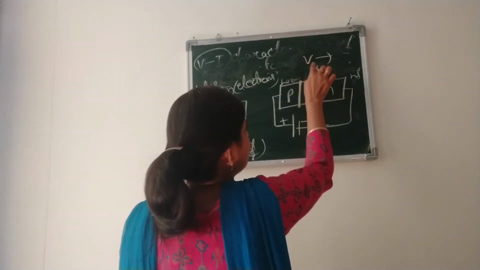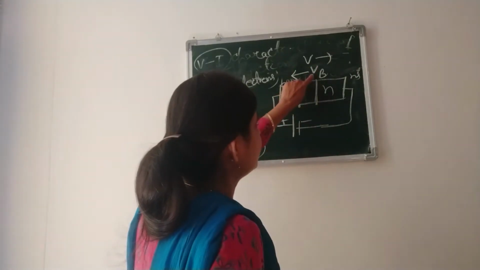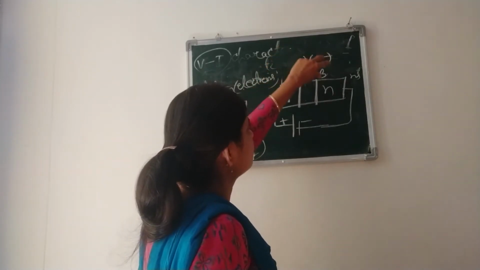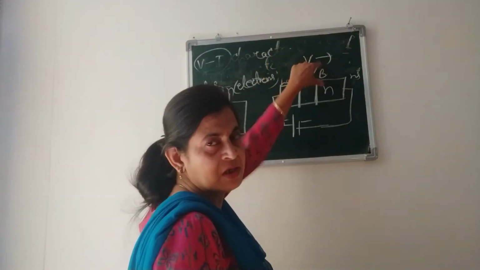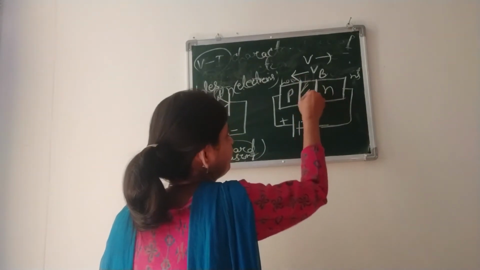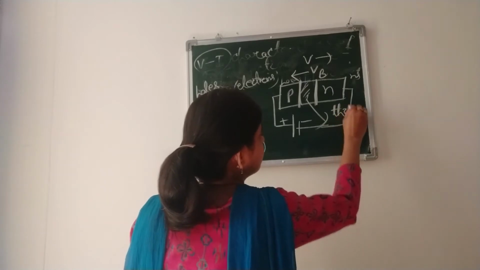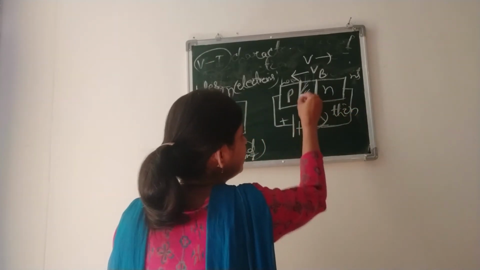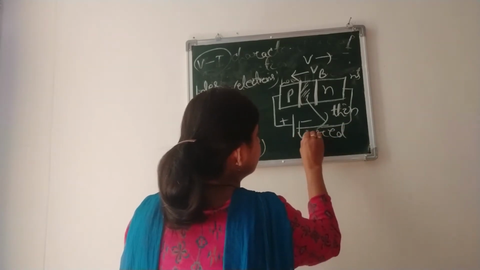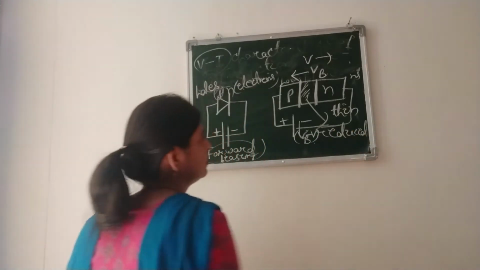The applied voltage is in the opposite direction of the barrier potential, or you can say the applied voltage opposes the barrier potential, so that the depletion layer will become thin and the barrier potential will also be reduced.